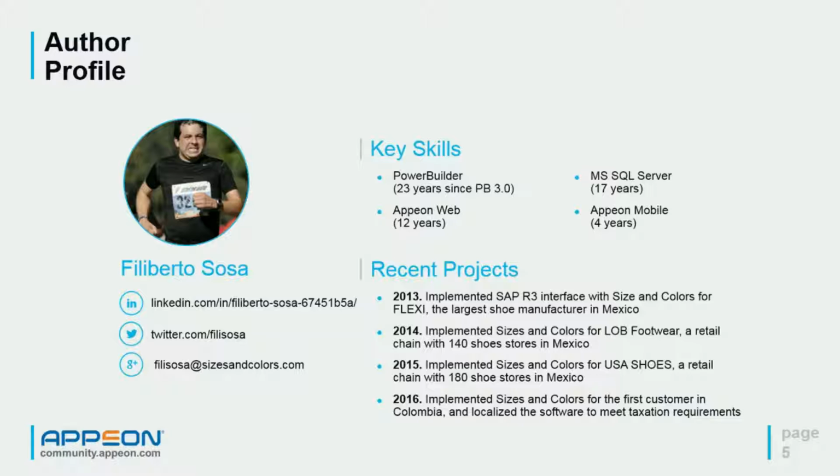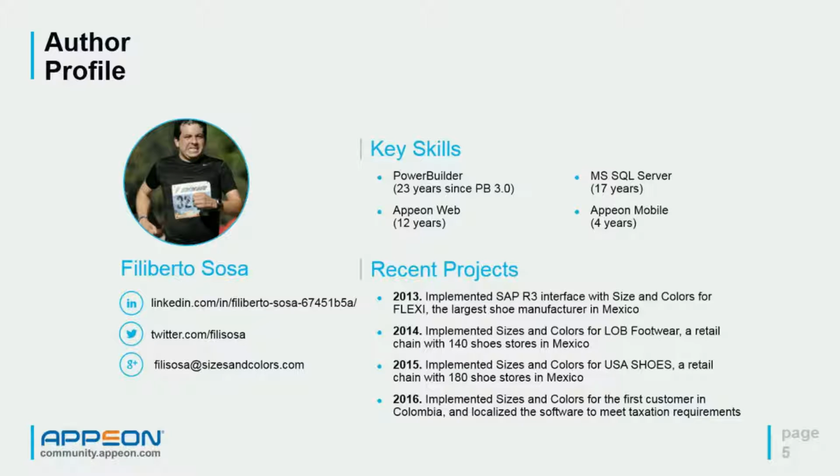In recent projects, in 2013, we implemented an SAP R3 interface with Sizes and Colors for Flexi, which is the largest shoe manufacturer in Mexico. In 2014, we implemented Sizes and Colors for Love Footwear, a retail chain with 140 shoe stores in Mexico.